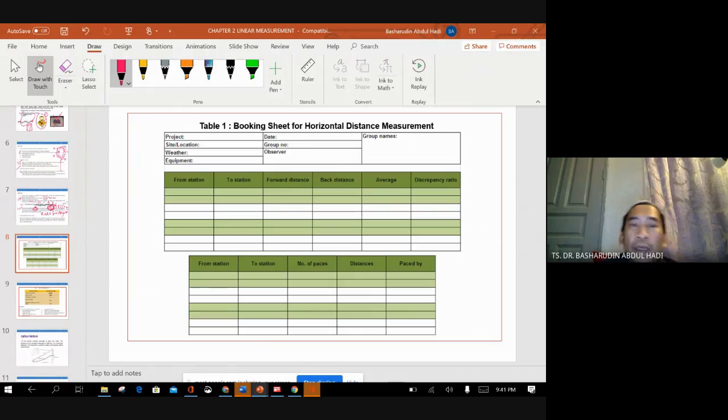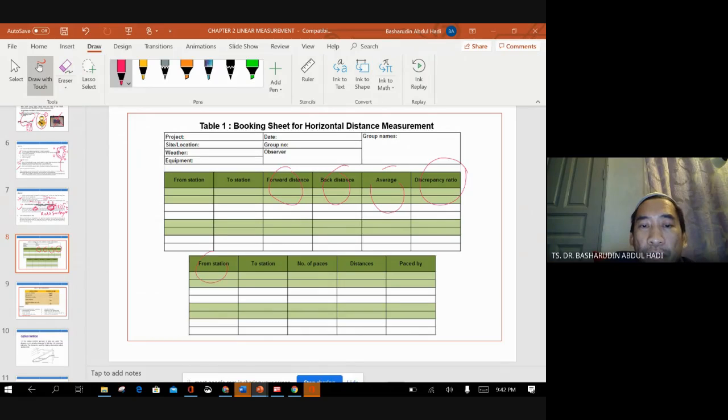This is what we call the booking sheet for the horizontal distance measurement. So you write from which station to which station, your forward distance, your back distance, your average, and your discrepancy ratio using the formula.